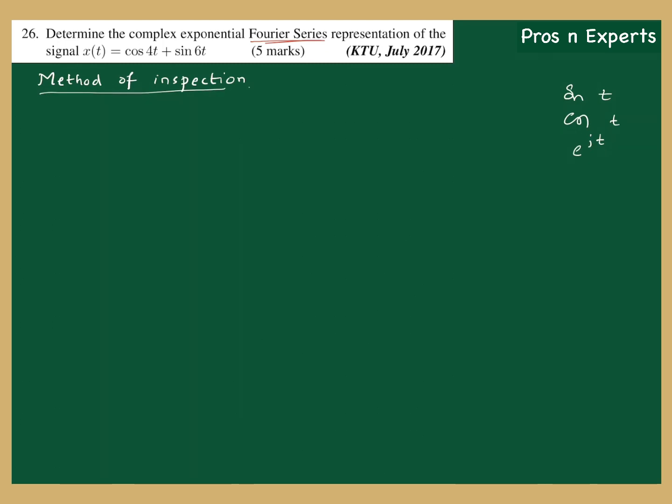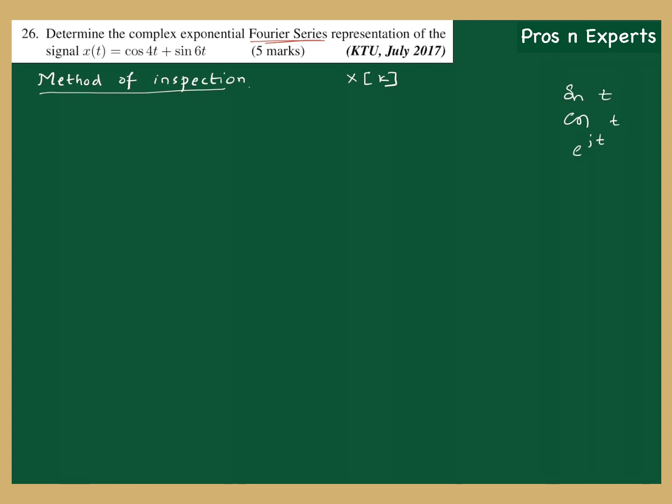So what is the method of inspection? The method of inspection advises you to compare the given signal x of t and the Fourier series representation of any signal x of t and arrive at the conclusion about x of k, the Fourier series coefficients. Okay, let us do this.